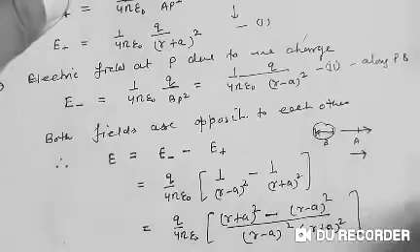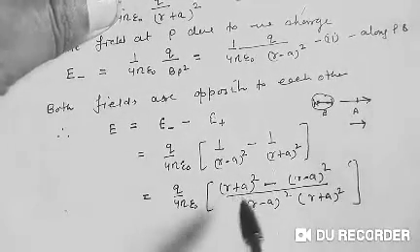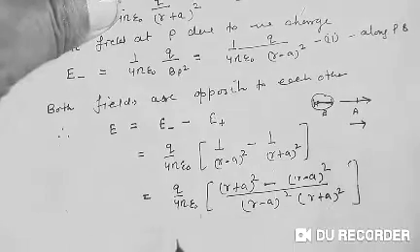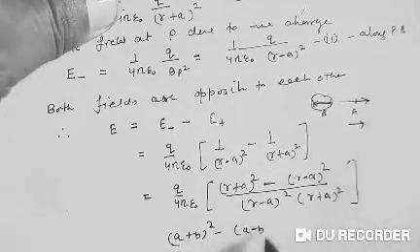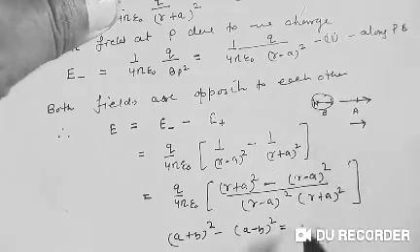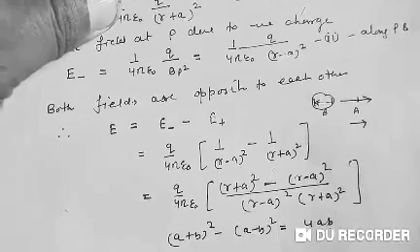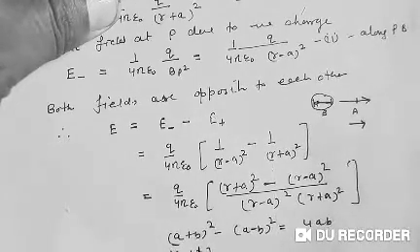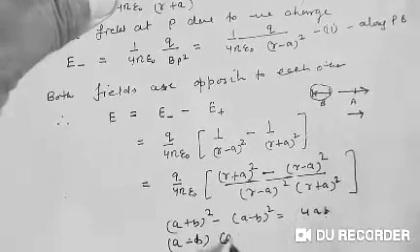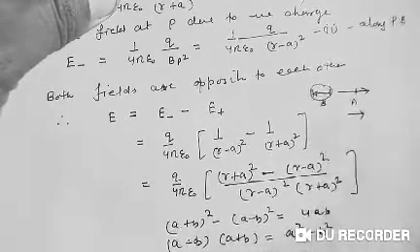Now this is simple mathematics. You can use the formula (a plus b) whole square minus (a minus b) whole square is equal to 4ab, right. And another formula, (a minus b)(a plus b) equal to a square minus b square.